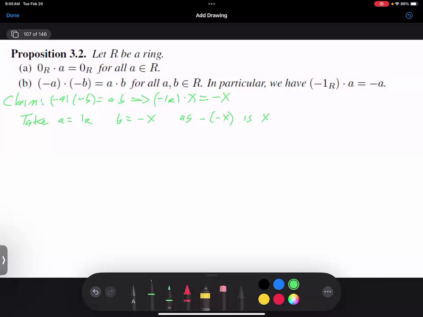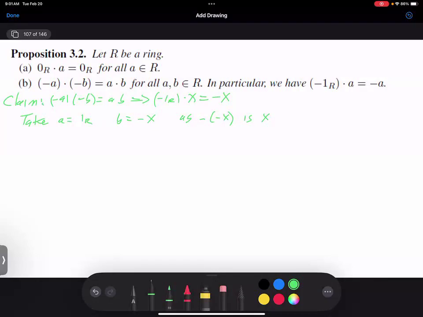So this is similar to asking, what is the tangent of the arctangent of X? X, right? What's the exponential of the natural log of X? It's just X. These are inverse functions. So if I take the additive inverse of the additive inverse of X, I just get back to X.